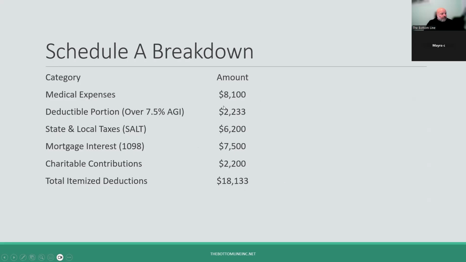That is their itemized. They don't get the whole medical, they only get what is over 7.5%. So we take their AGI times 7.5%, subtract that, and then you get this, the amount over 7.5%, which is $2,233. So this totals $18,133.